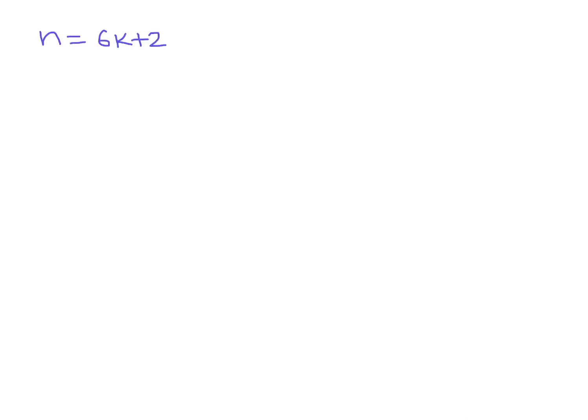Now we have to show, hopefully by this point you might have still remembered, that n plus 4 over 12 is an integer. This is what we have to show. All right, let's see. n is equal to 6k plus 2, right? So if I plug that into here, what do I get?